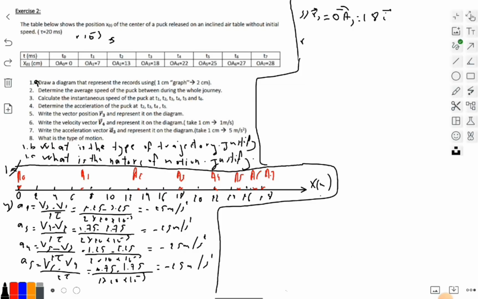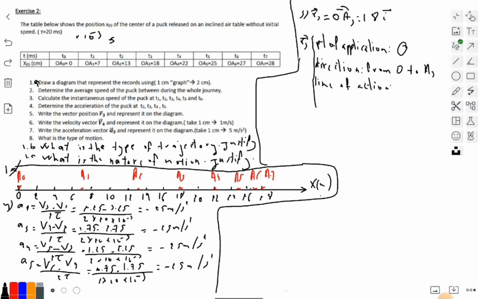Characteristics of R3. Point of application: it's always the origin O. Direction: from O to A3. Line of action: always along the x-axis.